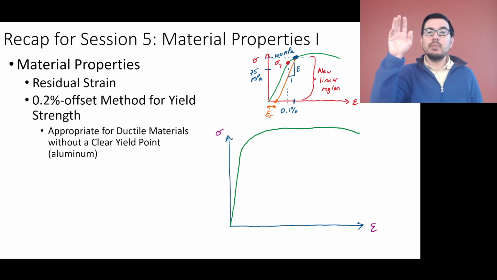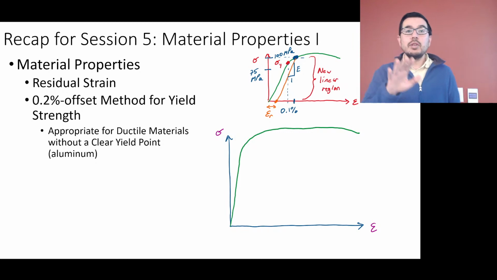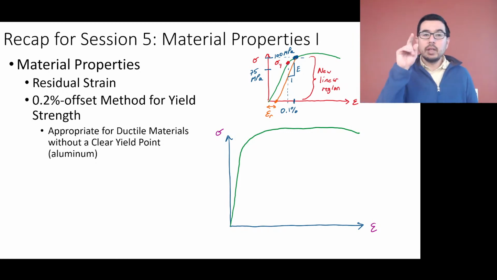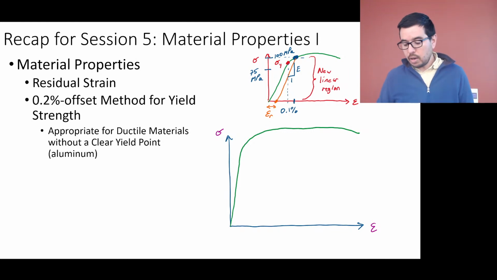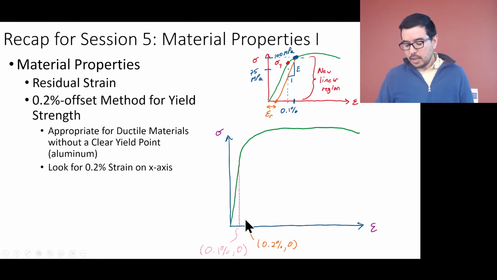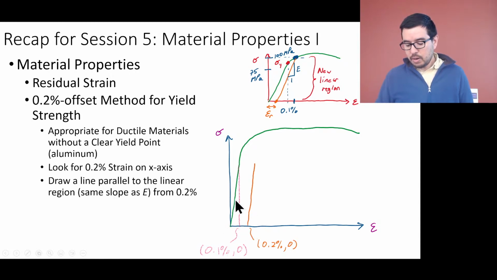But there are a lot of ductile materials, such as the alloys of aluminum, that don't have a very clear yield point. So in that case, we can use this 0.2% offset rule, where we go on the x-axis to 0.2%, and then we draw a line that's parallel to this linear region, right?